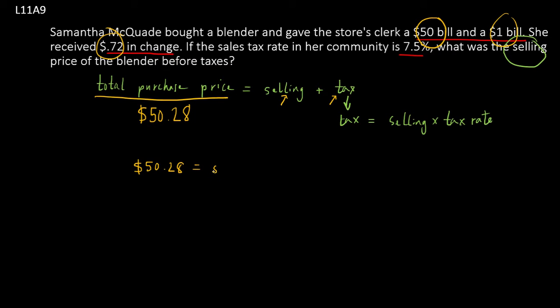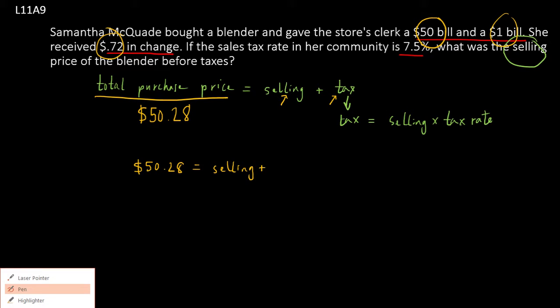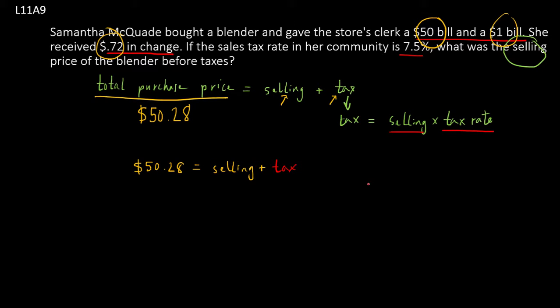So that is equal to the selling price plus tax. Now let's break these down. I know that my tax is equal to selling price times tax rate.